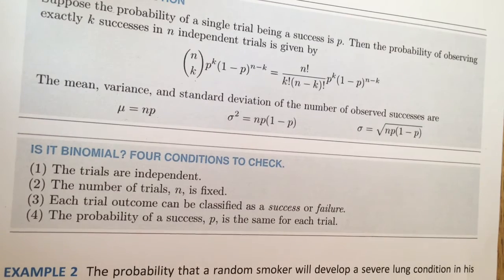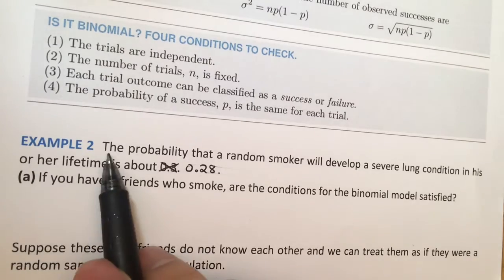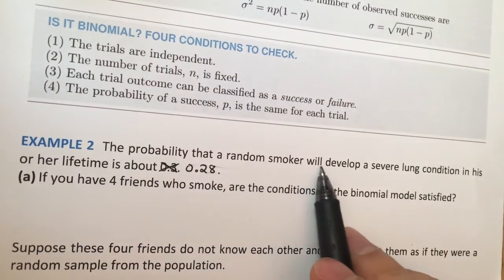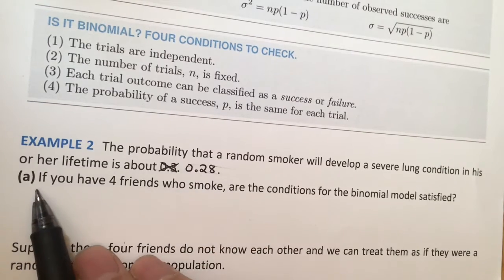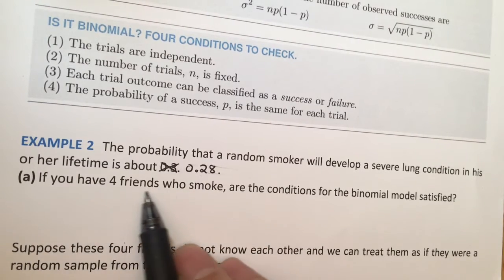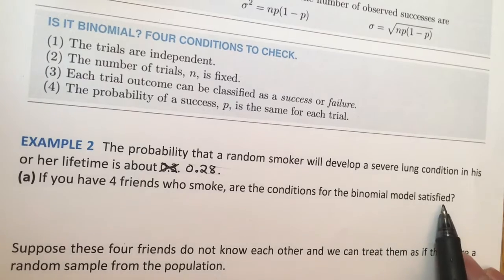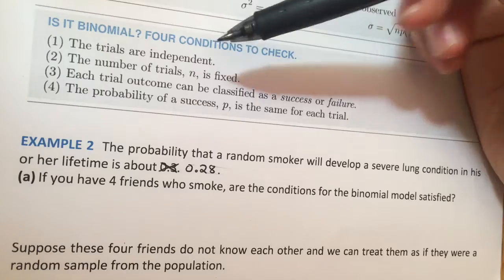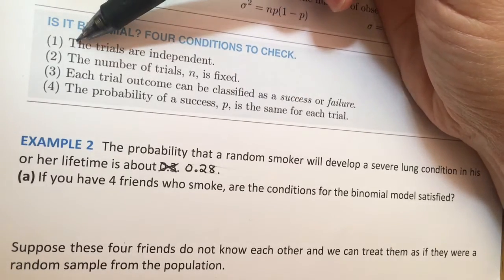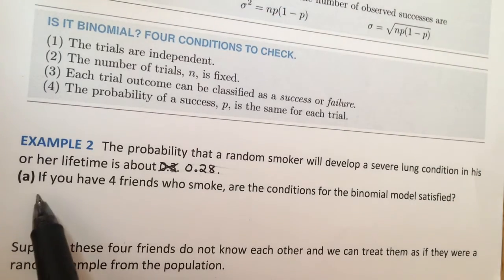Okay, so let's go down here and look at this example. The probability that a random smoker will develop a severe lung condition in his or her lifetime is about 0.28. Part A, if you have 4 friends who smoke, are the conditions for the binomial model satisfied? Well, let's look up here. The first thing here says the trials are independent. Well, look at this statement here.